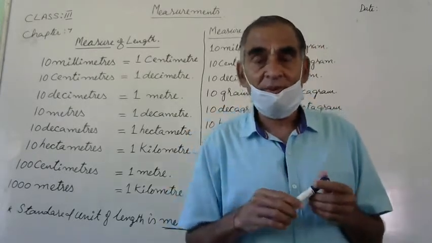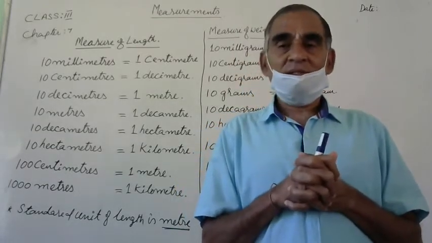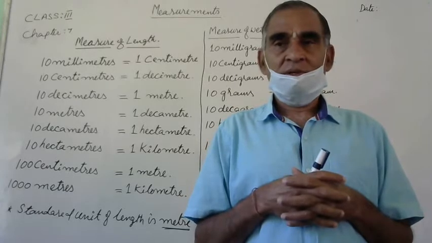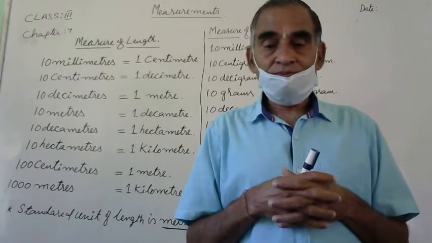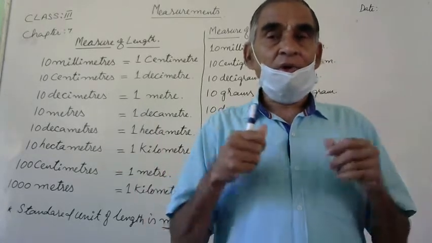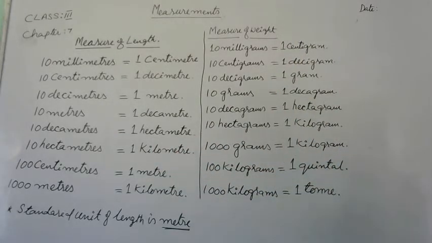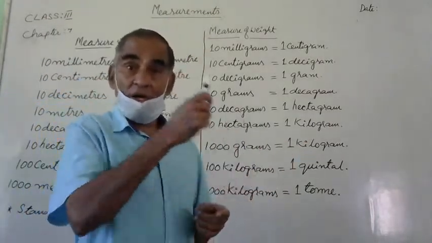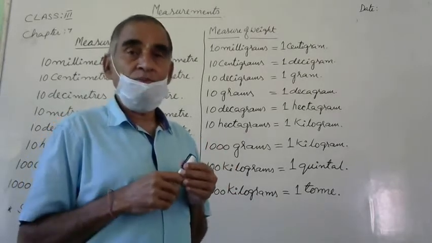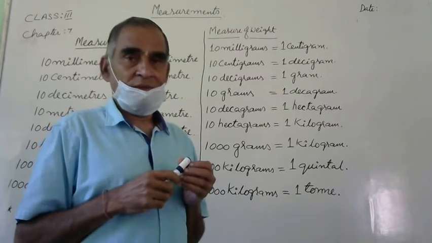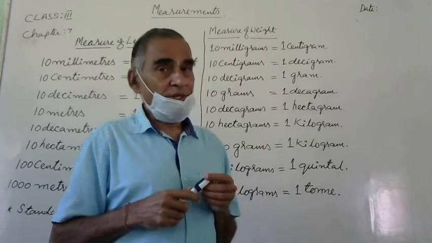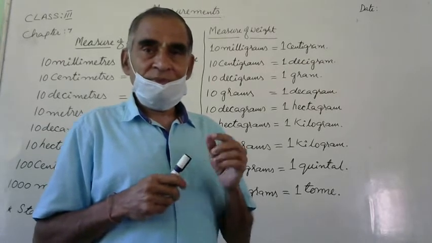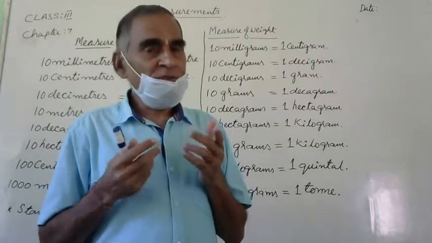While measuring the length of this pen, we use centimeters. For the length of your notebook, we use centimeters. For the length of a cupboard or this whiteboard, we use meters. For the wall of your house or room, and the height of a tree, we use meters. For the length of a nail, centimeters.